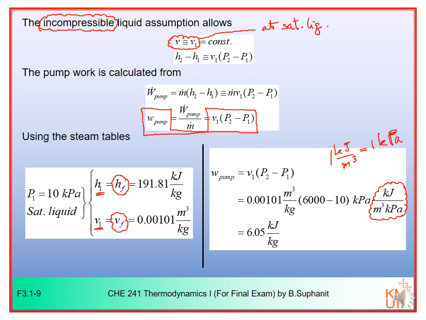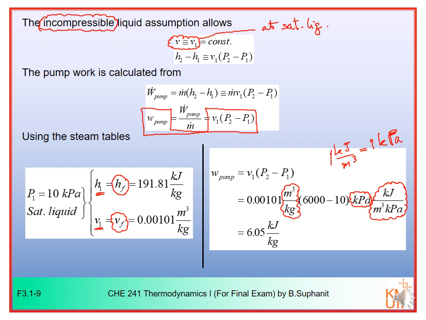If you want to use this conversion factor, you have to make sure that the unit of the pressure is in kilopascal and the unit of the specific volume is in cubic meter per kilogram. Then you can use this simple conversion factor. If you use a pressure in another unit, you have to look at the result in a very careful manner.